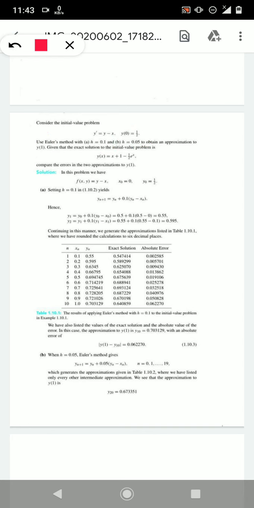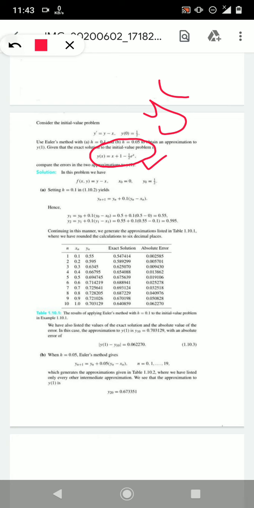Given that the exact solution is given, compare the error in the two approximations to y1. If we substitute x equal to 1, we will get the exact solution y1, the function value at x equal to 1.